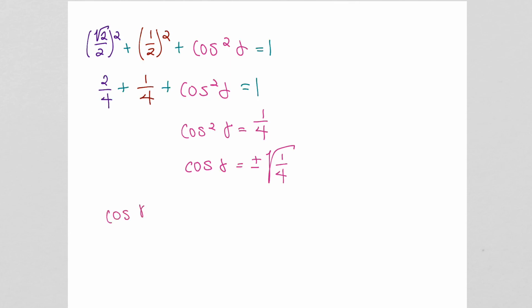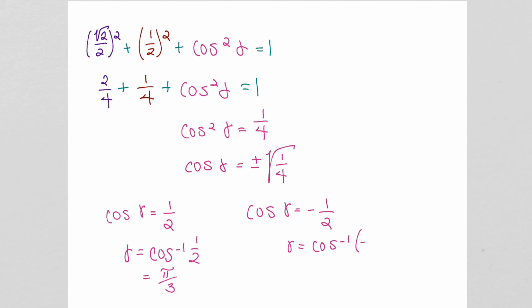So cosine of lambda could be positive 1/2, that's the square root of 1/4, or it could be negative 1/2. So plug in, lambda would be the inverse cosine of 1/2, which is pi over 3, or the inverse cosine of negative 1/2, which is 2 pi over 3.